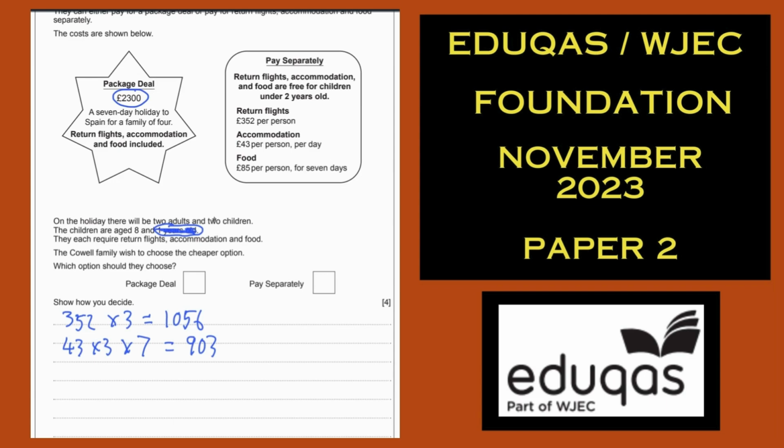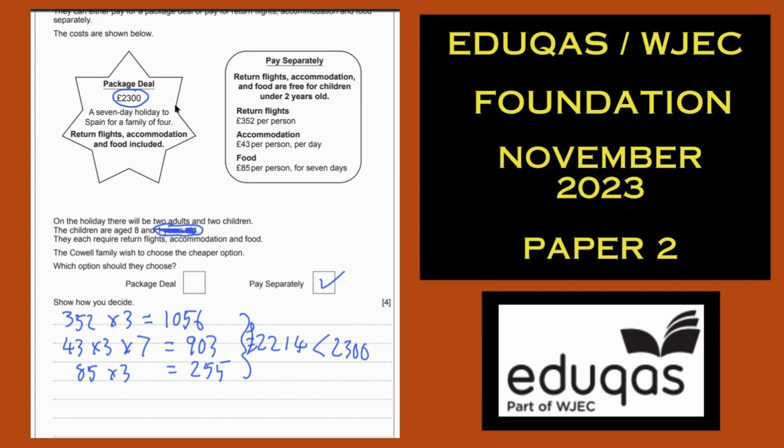The food is £85 per person, and that covers the 7 days. No need to times that by 7. Total, if you pay separately, £2,214, which, as you can see, is cheaper. That's why they should opt for paying separately.